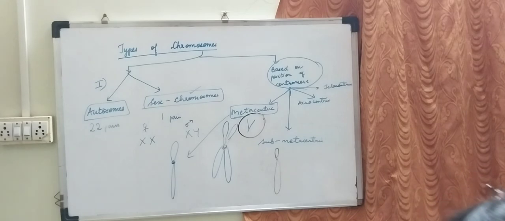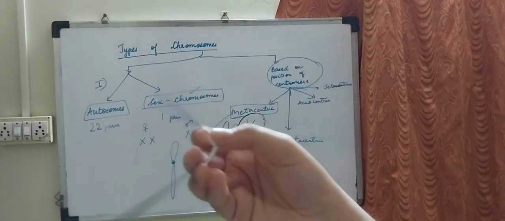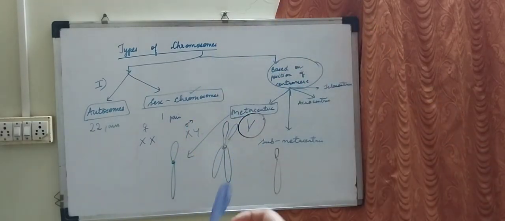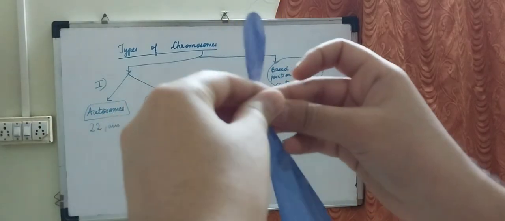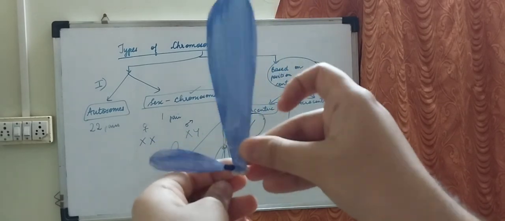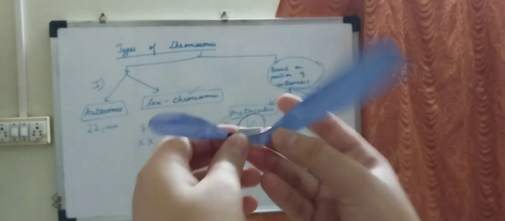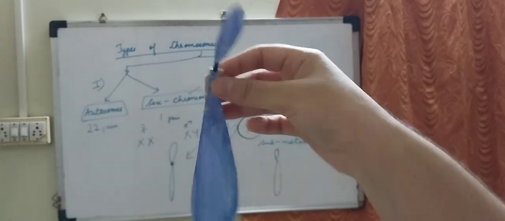I will again come forward and I will speak about the shape. It forms an L shape, and this is the submetacentric type of chromosome. If I fold it, it will look like this, and it will form an L shape. Which shape will it form?